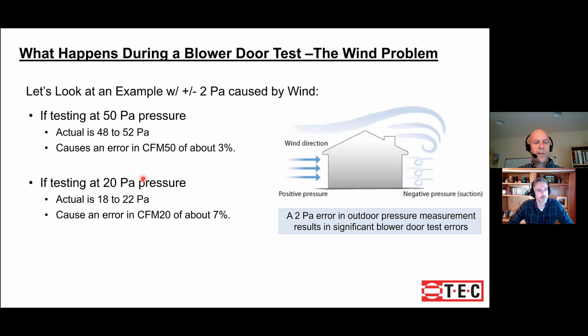Okay. So you're saying that 48 to 52 is what it's actually varying due to the effect of wind pushing pressure differently. It's not constant. So you're trying to hold 50, but it's varying because the wind is moving or changing, I should say. Yes, in reality, it's really very complex and kind of difficult to model, because as the wind speed is changing, it's going to be affecting all sides of the building differently.